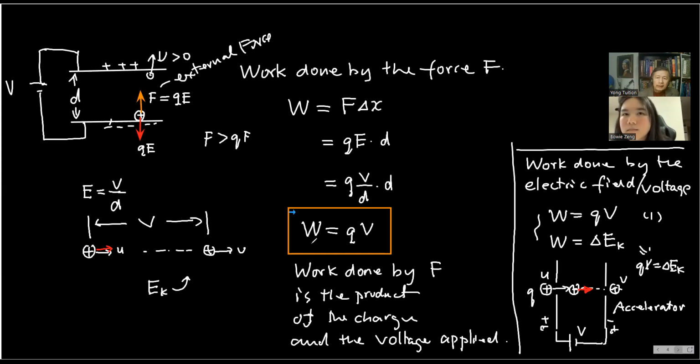We can only discuss the DC here. This is DC, this is AC. For the AC, the current is not constant as a function of time.